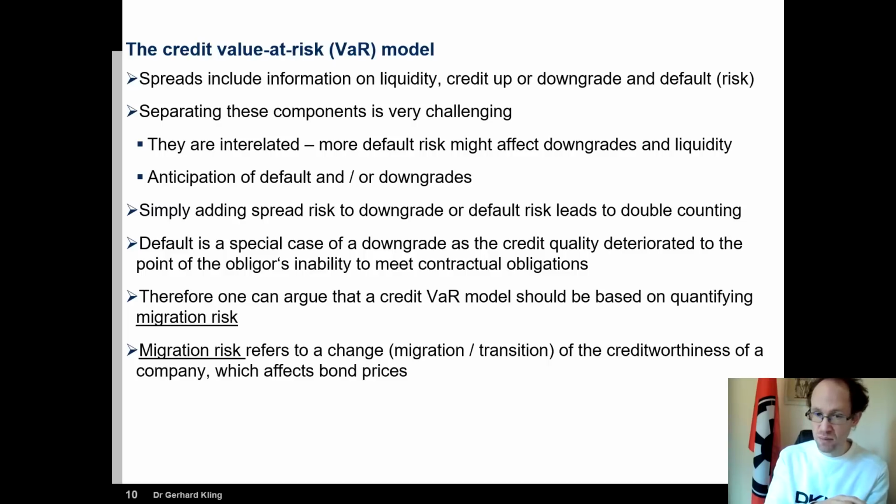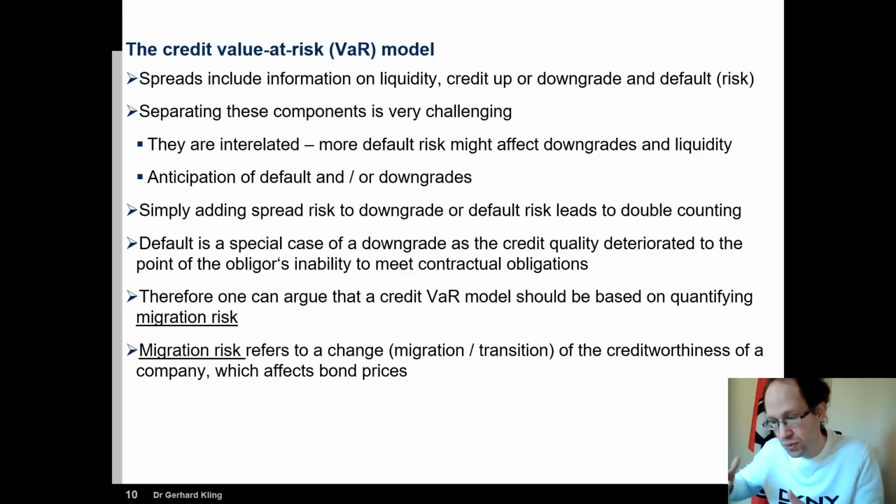Migration means in this context basically a change of credit worthiness. So if a company becomes less credit worthy, or put differently, the default risk is going up, then you would see a change of spreads. The credit spread would widen, and you see of course a higher risk of downgrades, which again would have a knock-on effect on bond prices.